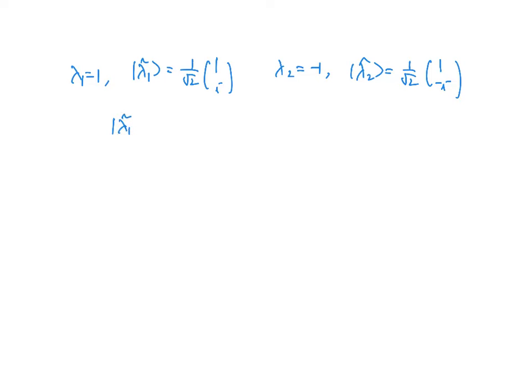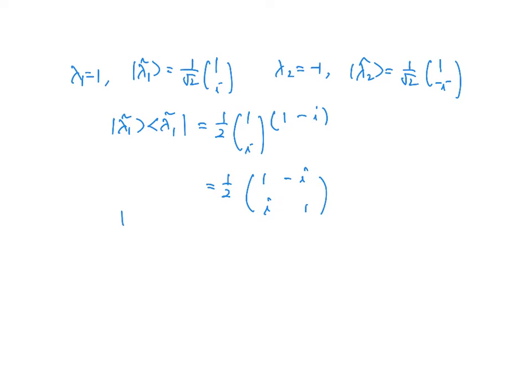So we need to calculate this outer product first. This is 1/2, we have (1, i). And what is the bra vector? You take the transpose and complex conjugate: (1, minus i), right? So we have 1/2, (1, minus i), and 1.